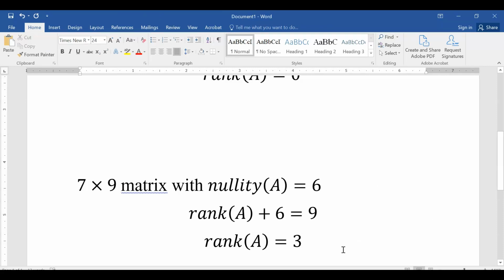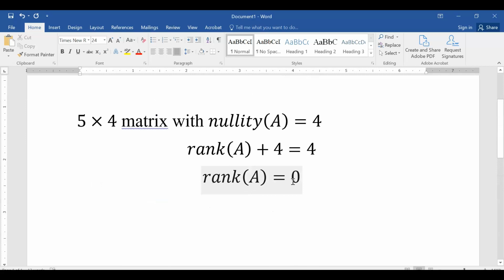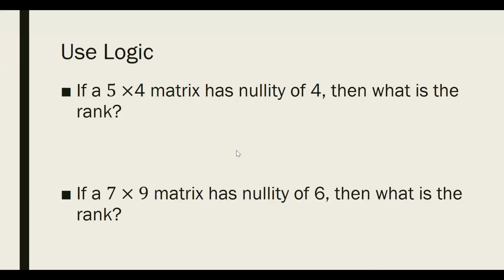The column space is 3-dimensional. Again, the rank of A being 0 tells us specifically that our column space is the trivial subspace, the one only including the 0 vector. All right, so that's just basic calculations.